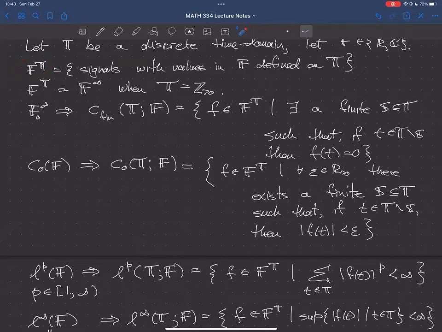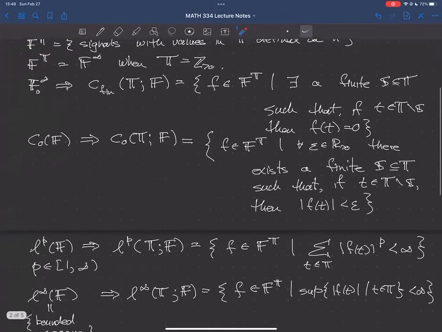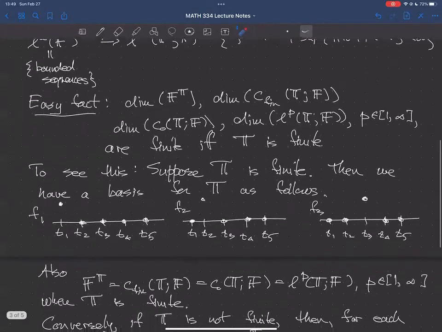We only have at our disposal right now the p norms for p from 1 to less than infinity, and then we also have the infinity norm. Now, that does not define a norm on this space unless the time domain is finite, right? Because these signals can possibly grow to infinity at infinity, and so none of those norms will be defined.